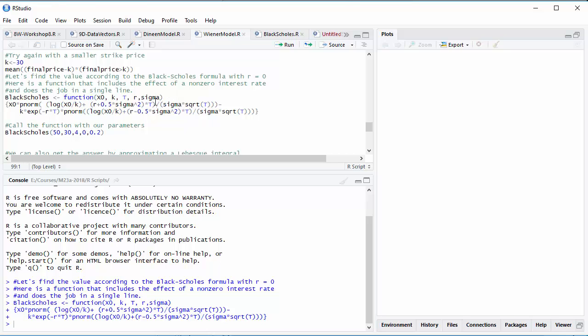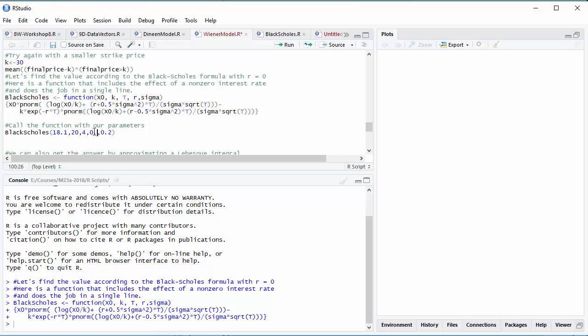And then let's call the function, and in this particular case, the current price is $18.10. The strike price is $20. The time to maturity is 4 years.